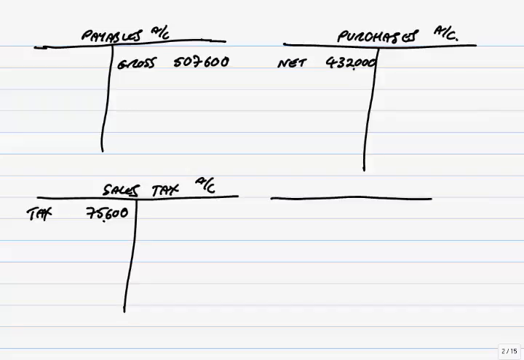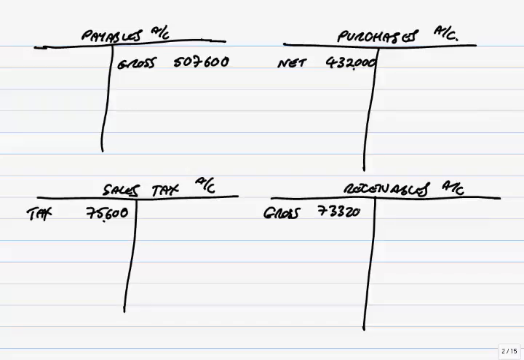Well, we've sold on credit, so let's debit receivables. And the amount we're owed by the customers is the full amount, the gross amount, 733,200. And that's how much we are going to receive. When the customer pays us, debit cash, credit receivables, they'll have to pay the full amount.